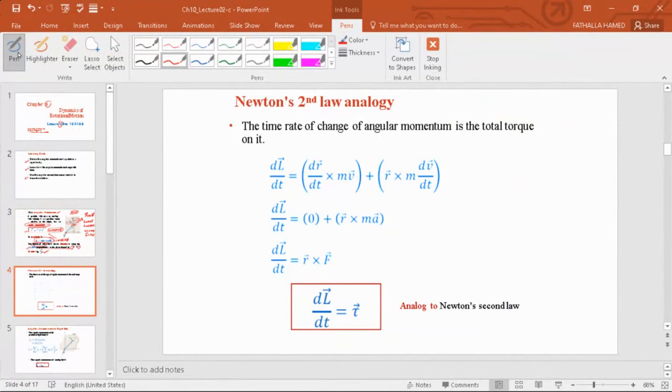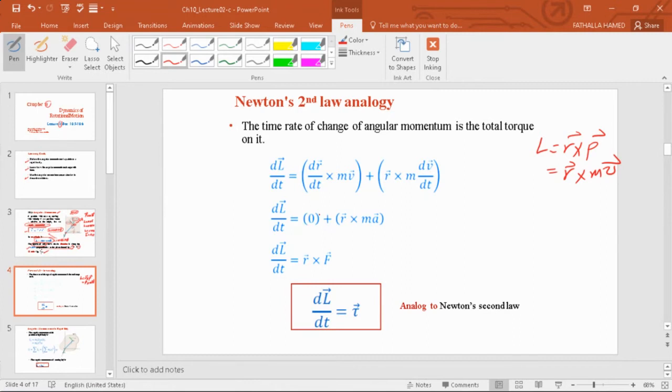Here we're going to look at an analog to Newton's second law. Let's look at the rate of change of the angular momentum. So if I want to take dL by dt, and since L is equal to r cross p, which is r cross mv, if I take the derivative, I will take dr by dt cross mv plus r cross m dv by dt.